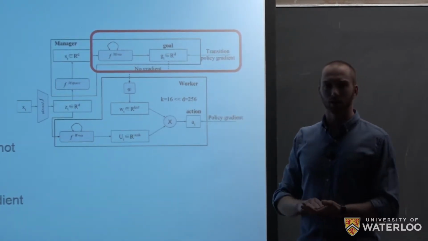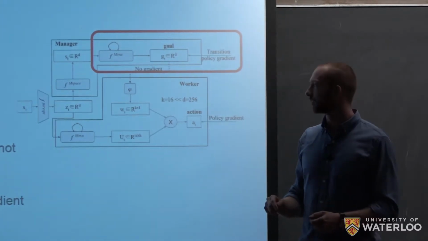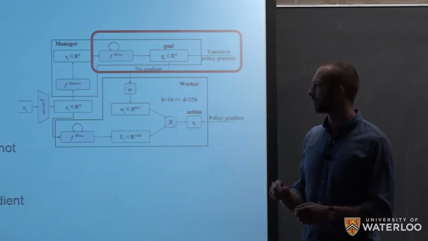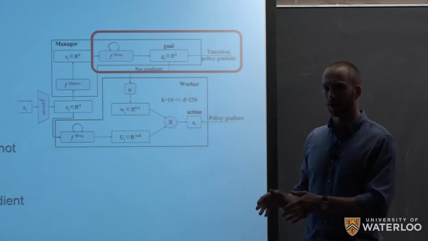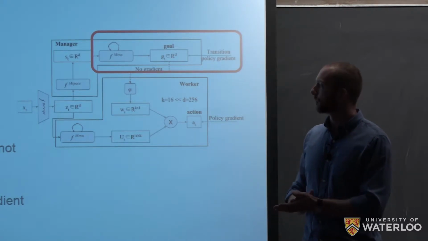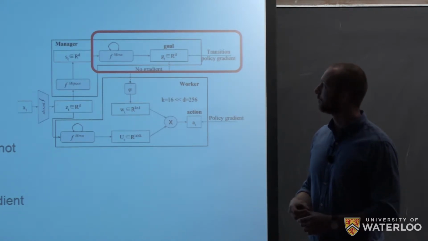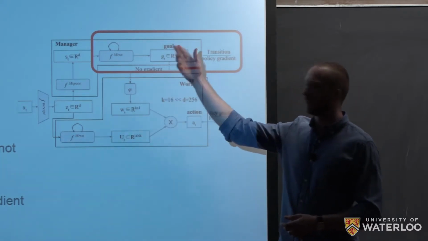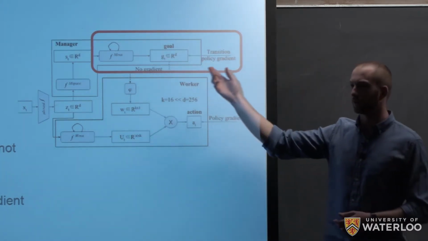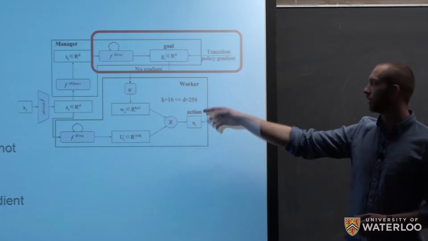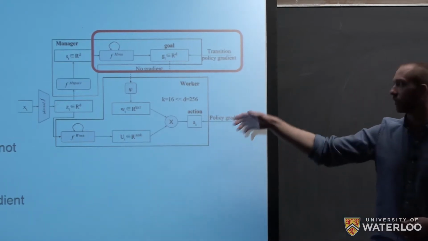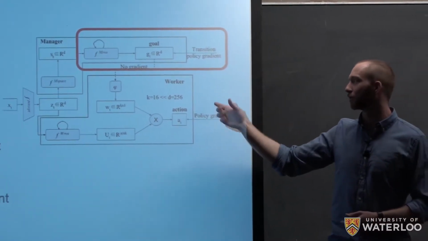We generate this goal in a low-dimensional space, so it's not actually a goal in the environment. This is trained using transition policy gradient, which I'll get into later. The basic idea is that the manager observes the environment and generates a directional goal, which is how we reward the worker.